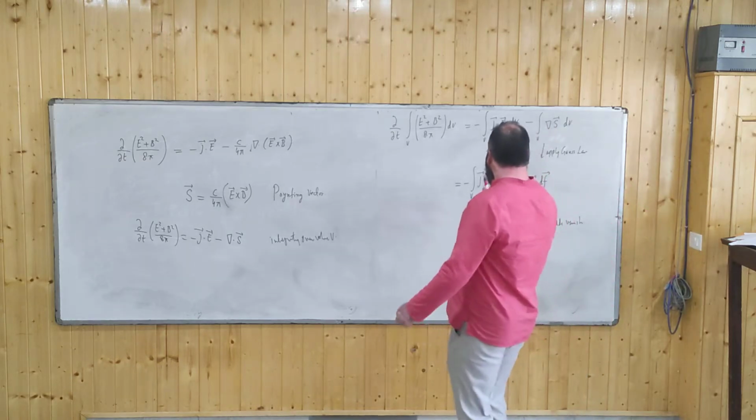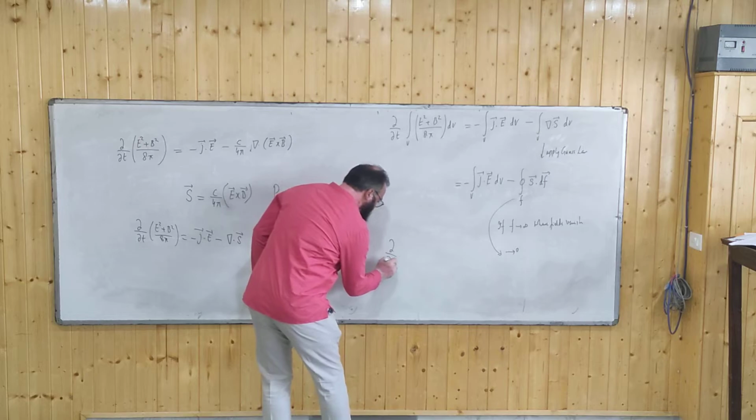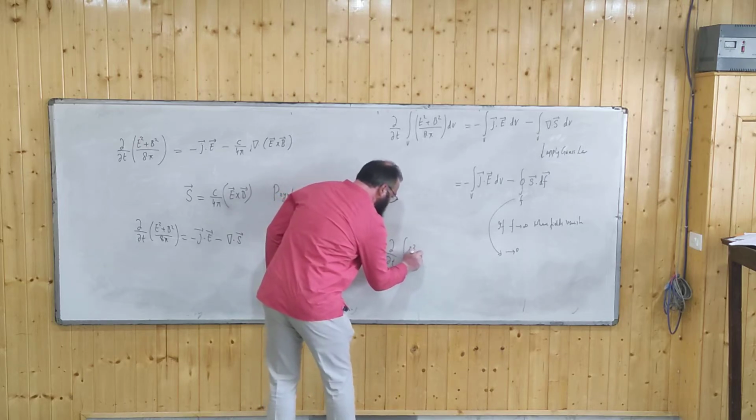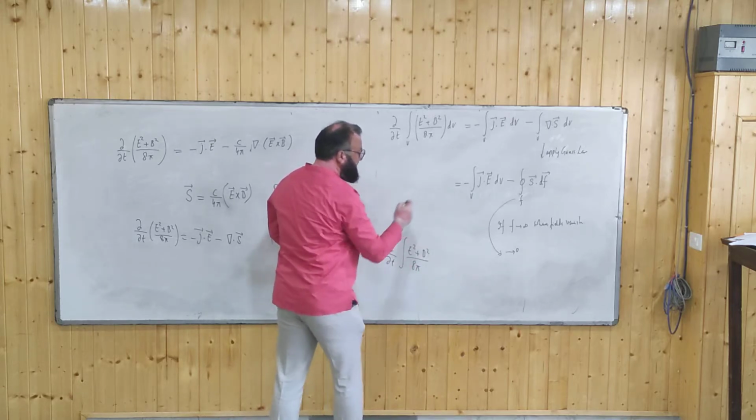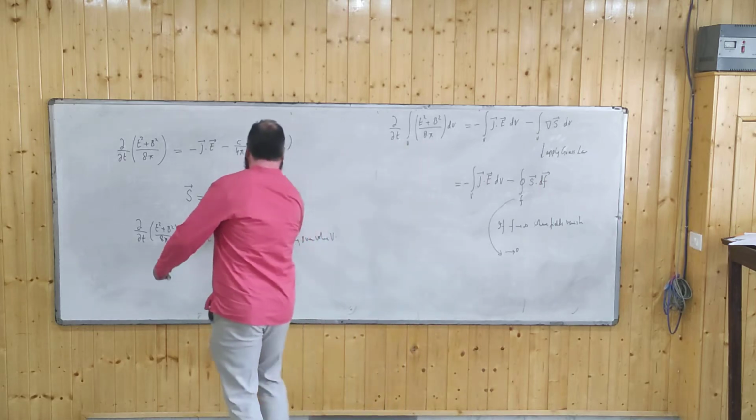Clear? So in that case, what I am having is partial by partial t of the integration over this object by 8 pi. Let me simplify this term in a moment, then I can write all the terms together.